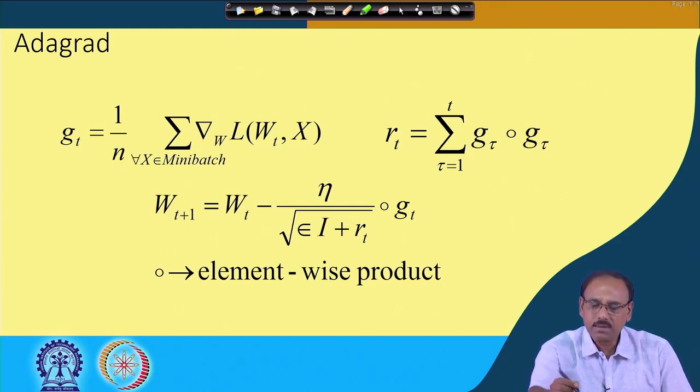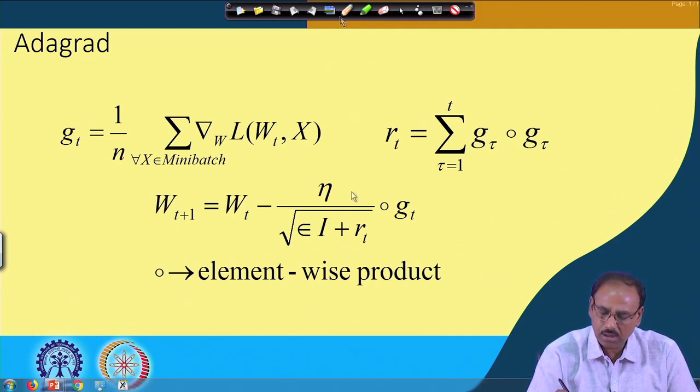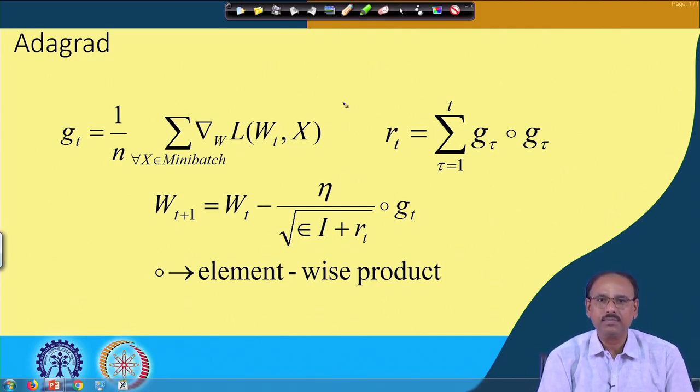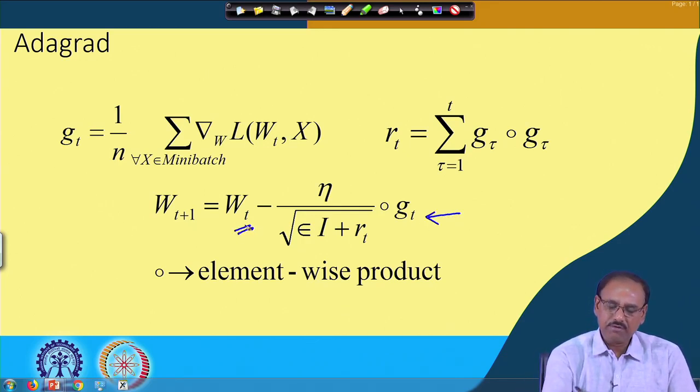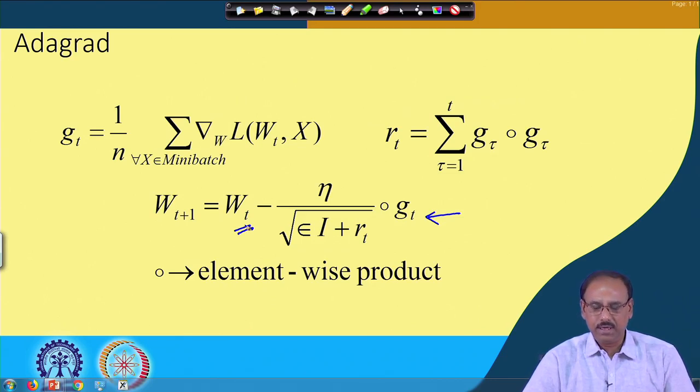As a result, our weight update algorithm that we have seen earlier is given by this expression, where if Wt is the parameter vector or weight vector at time t, then at time t plus 1 we get our updated weight vector as Wt minus eta upon square root of epsilon I plus Rt, times Gt, where these operations are actually done element wise.